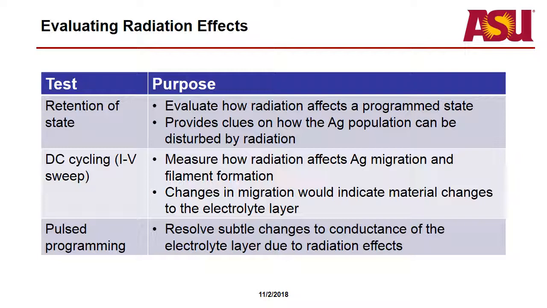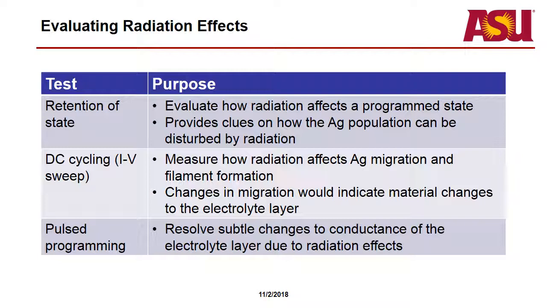And then as far as pulse programming goes, since you're only applying the voltage for a very short period of time, if there's any changes to the electrolyte layer that might inhibit, say, silver migration, or change the conductance of the material in general, you'll be able to capture that with the short pulses, because essentially you're only giving a limited amount of time for those ions to migrate through the material, unlike with IV switching where you're applying that bias for an extended period of time.